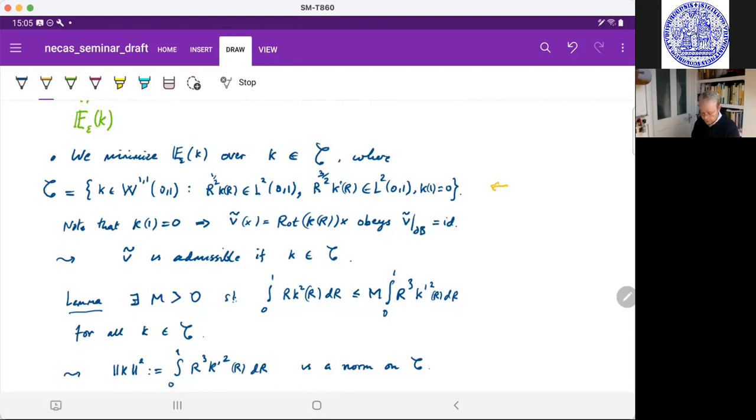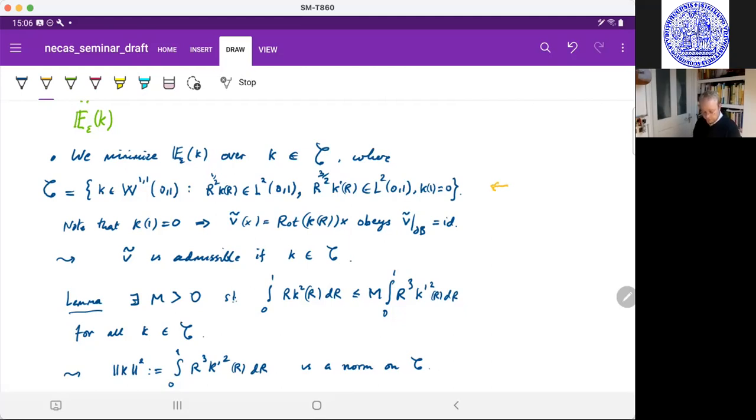And the boundary condition there, k(1) equals 0, just ensures that when mod x equals 1, the rotation k of r is just the rotation by 0 radians, so that you're not changing anything. So you do obey the boundary condition, provided k(1) equals 0. Your twist map will be the identity on the boundary of B, provided k(1) equals 0.